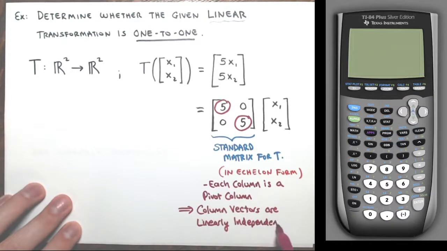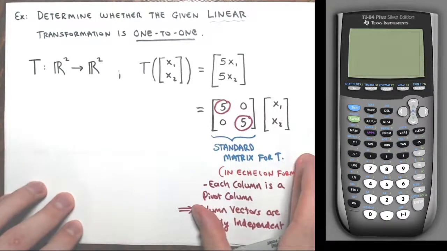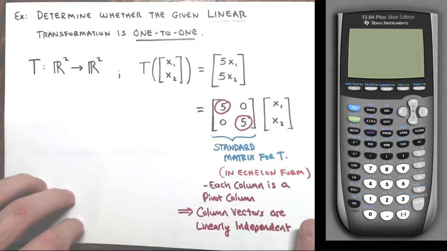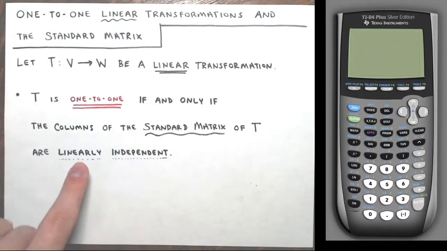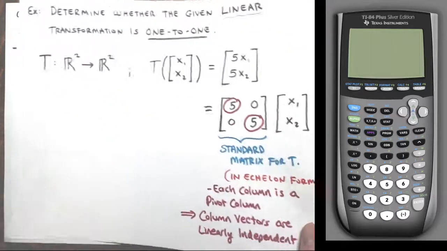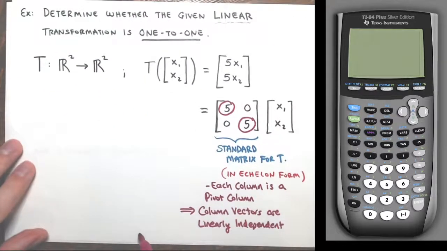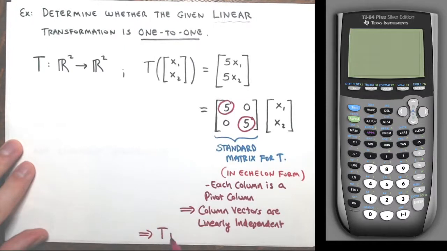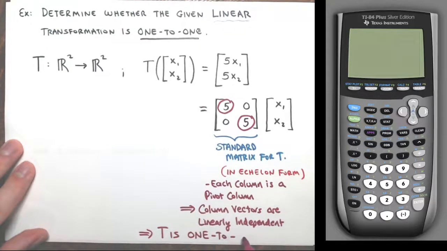And if that's the case, if you find that the column vectors of your standard matrix are linearly independent, then you have just shown me that the transformation is 1 to 1. Okay, so T is 1 to 1. So no two different inputs are going to give me the same output.